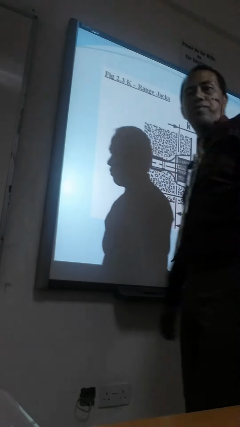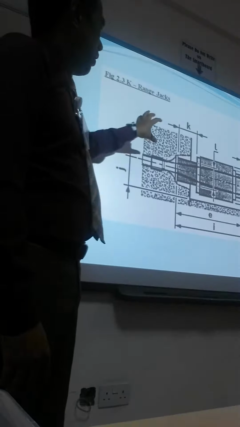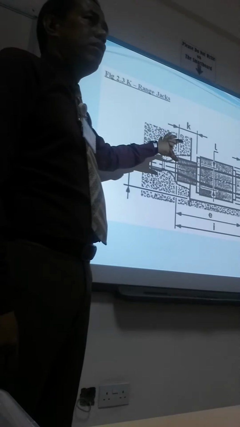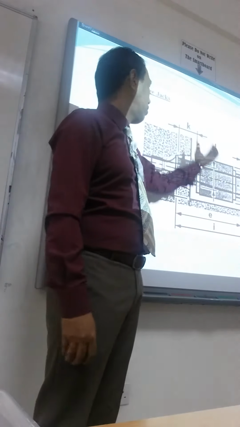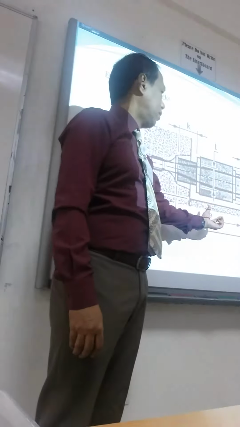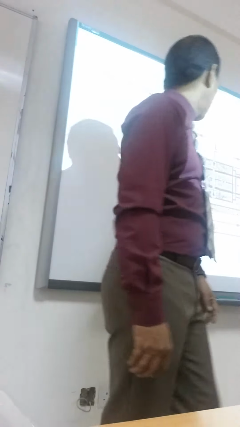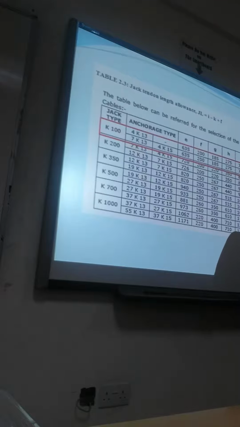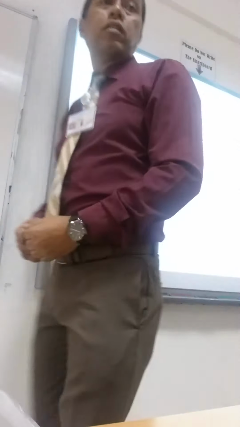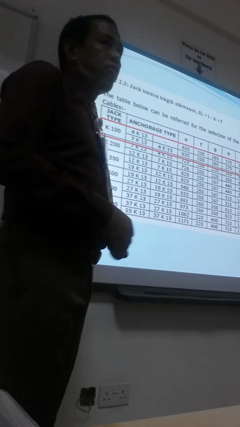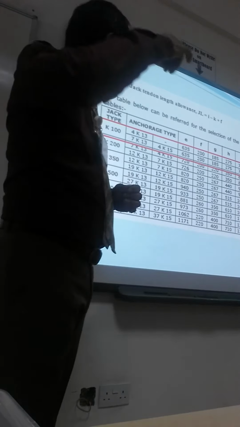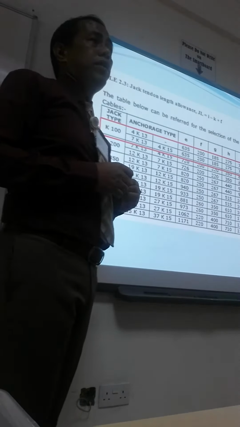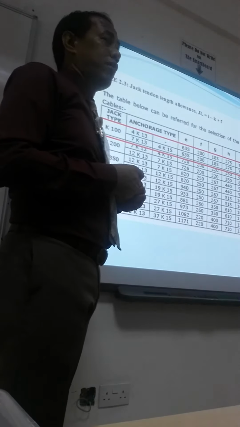The range jacks, where the detail of the cross-section is given with the corresponding variables, where these variables can be referred to table 2.3, jack tendon length allowance, as an additional length for the tendons to be considered in the measurement of pre-stressing steel.